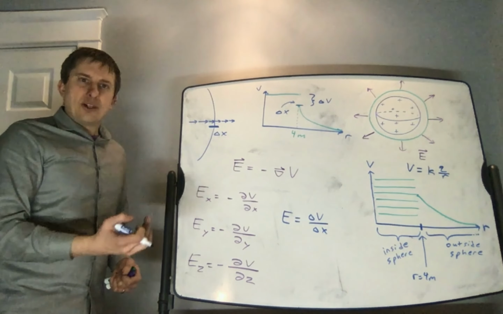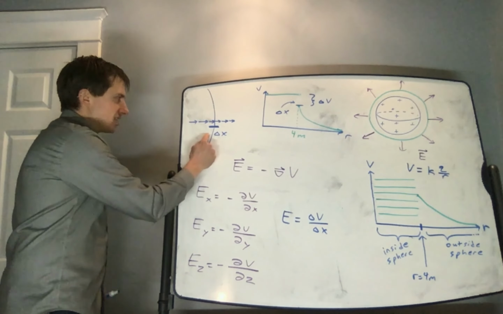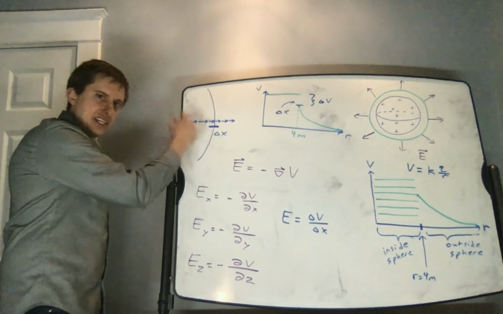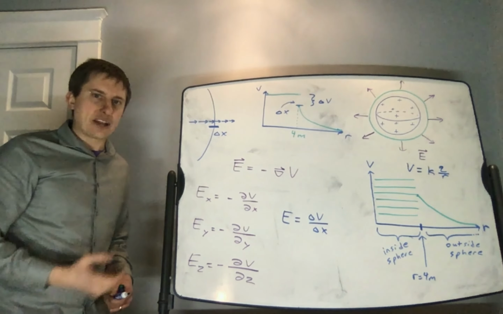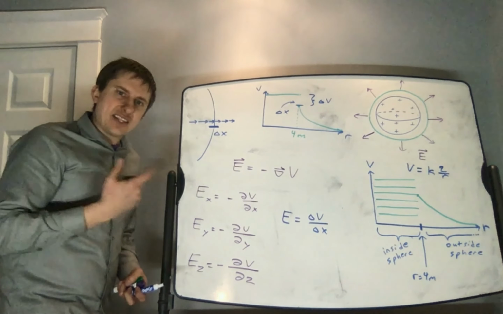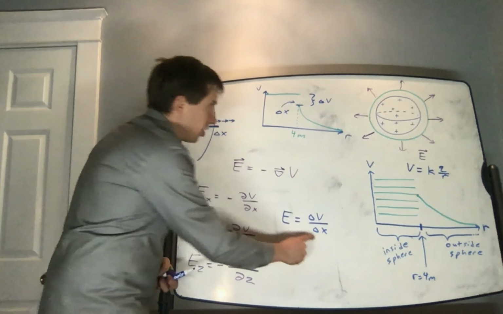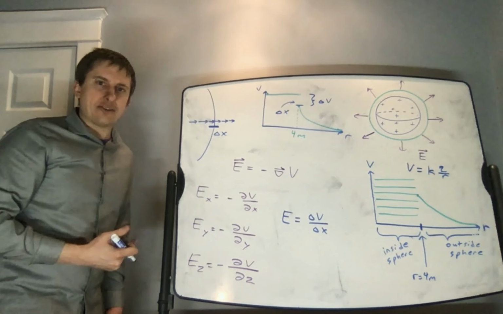Now, I am allowed to take as small of a step as I want. I could go right to the edge of the sphere, then take a teeny tiny step to get outside the sphere. In other words, I could make delta x arbitrarily small. As I make delta x smaller and smaller, delta V is still going to be a finite value.